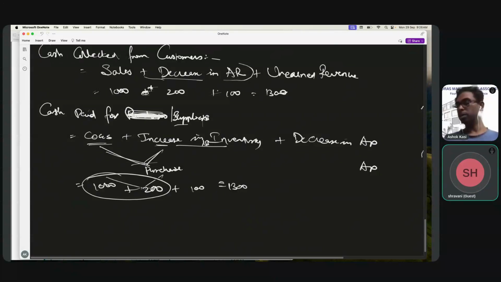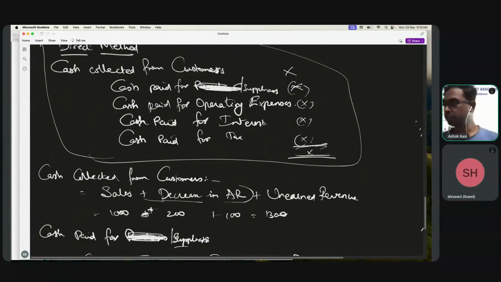Decrease in accounts receivable means you have collected cash. Then it becomes credit sales, that's why we will minus credit sales. Understood.